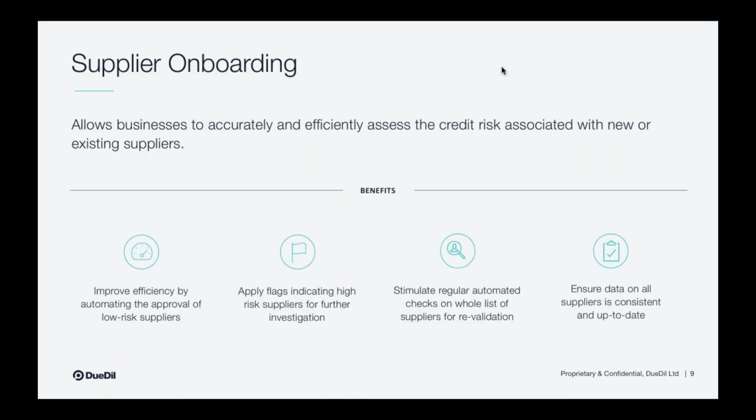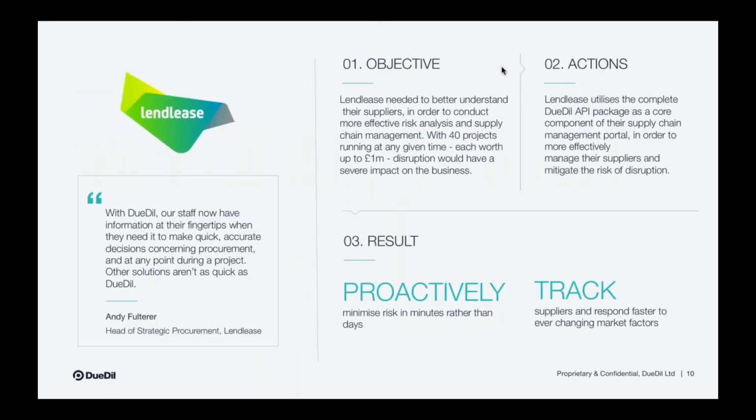Moving on to the next use case, onboarding suppliers always involves understanding credit risk associated with those suppliers. The DueDil API allows you to not only assess credit risk of the new suppliers, but monitor the credit risk of existing suppliers, given things can change so quickly. The head of procurement at the construction company Lend-Lease was looking to onboard and credit check suppliers. They have about 40 projects worth millions running at any one time.